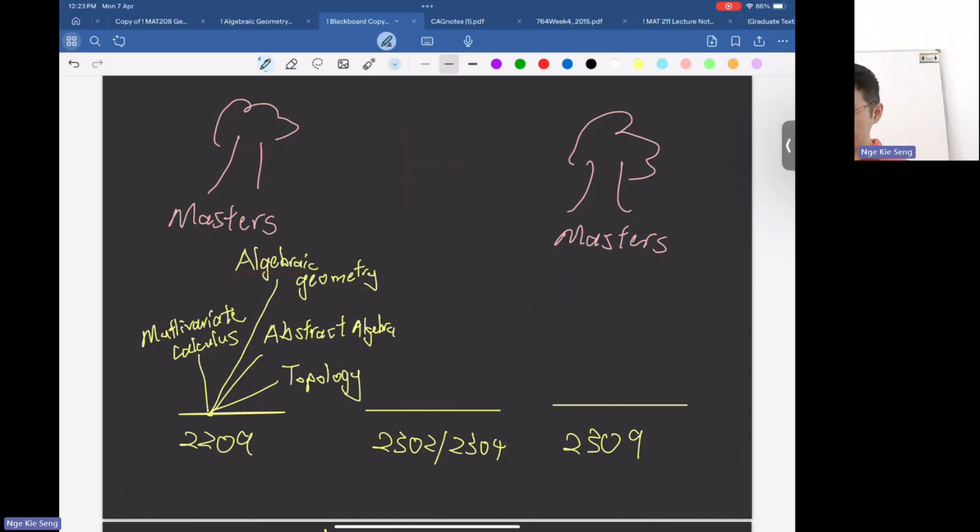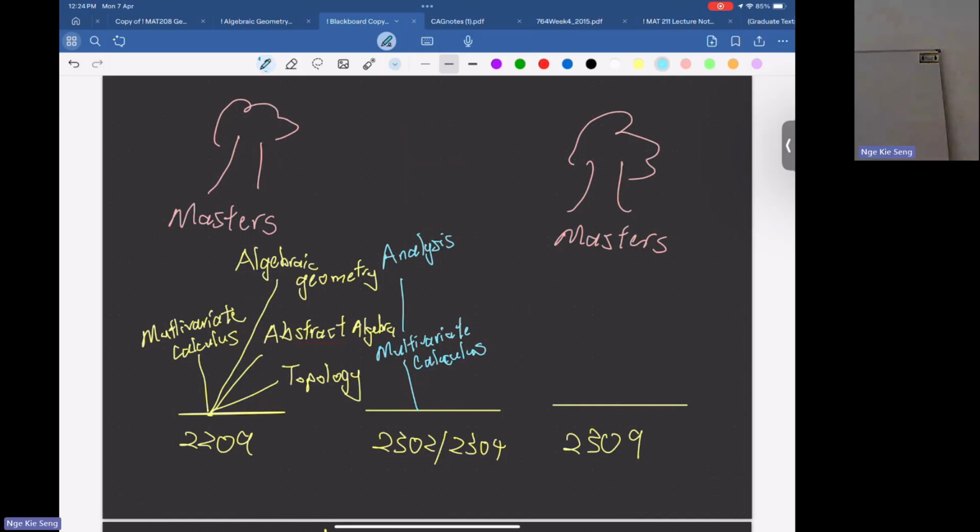2302 and 2304 also know me starting from multivariate calculus. Actually, I went further with them in analysis. Instead of teaching them abstract algebra, we did analysis. So this group of people, I have trained in a very rigorous maths foundation, but not so much on abstract ideas.